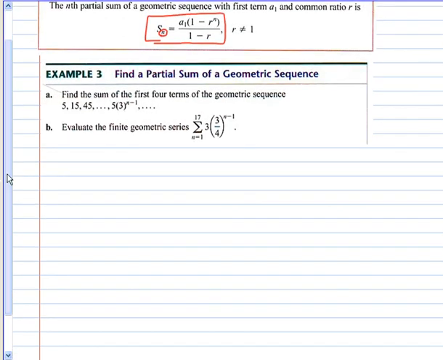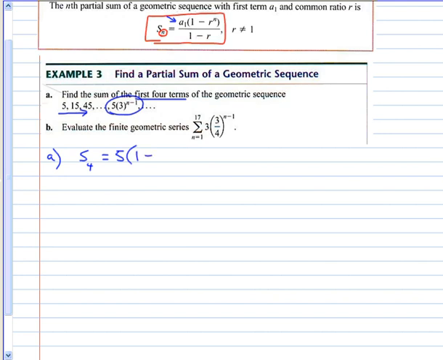Part A. Find the sum of the first 4 terms of the geometric sequence that looks like this. And they've given us these numbers, and they've given us the expression. So in part A, as I look at my formula, the sum of the first 4 terms, well, a sub 1, what's our first term? 5, times 1 minus my common ratio.